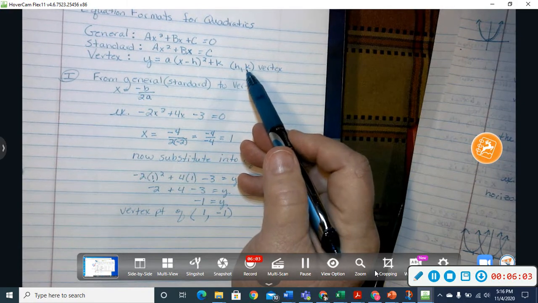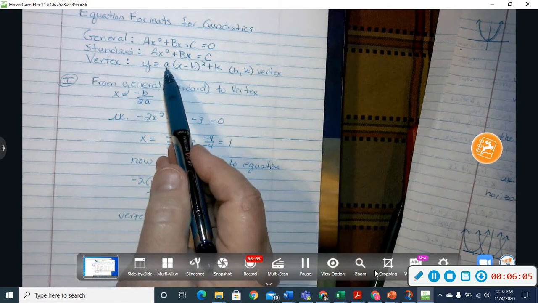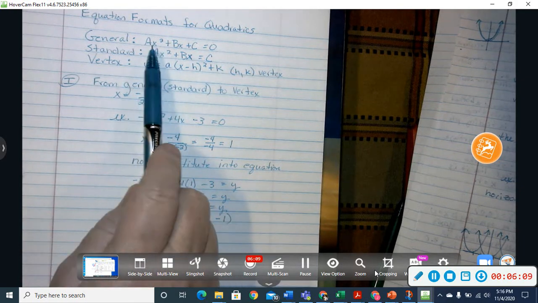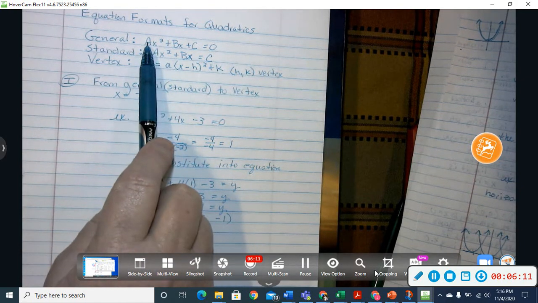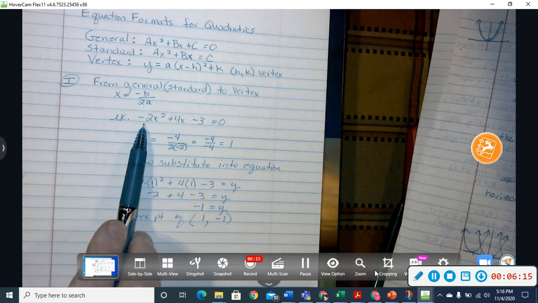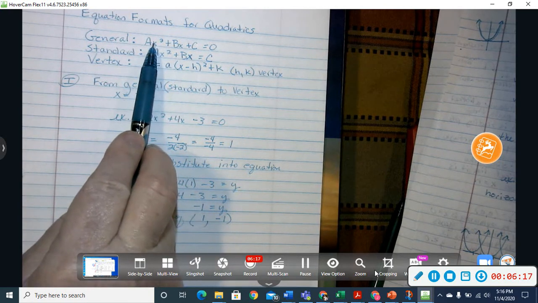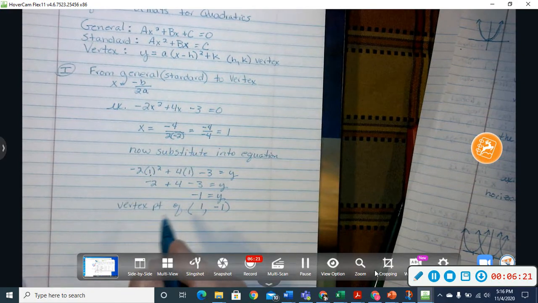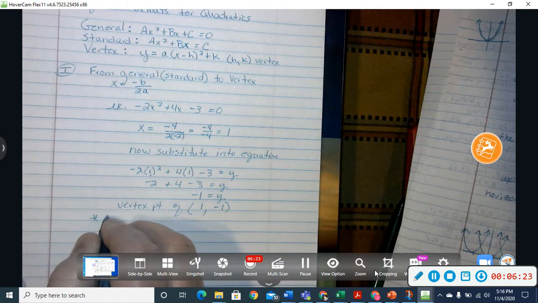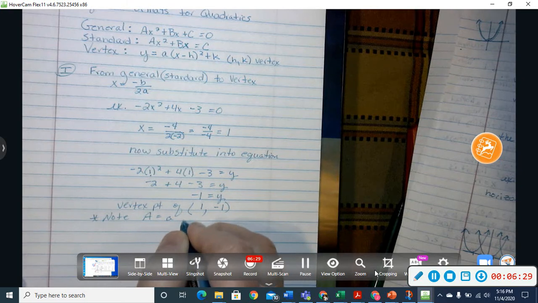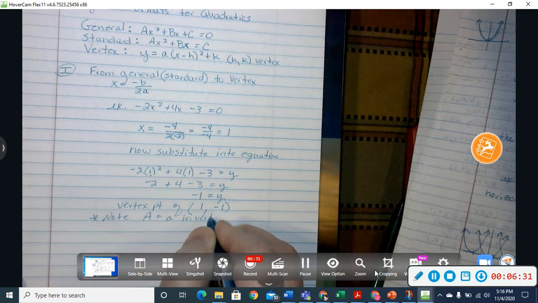Now, one other point to note is that we have an a in our general equation. Even though it's capital, it's still an a. So if we have an a value in our given equation, it's going to be the same a value in our vertex equation. The capital A equals the little a in the vertex equation.